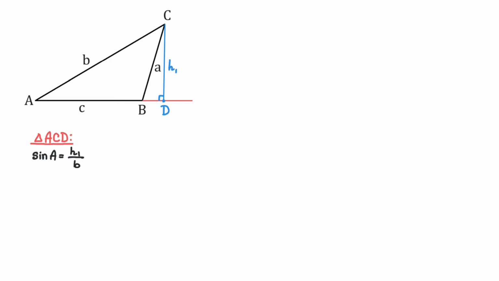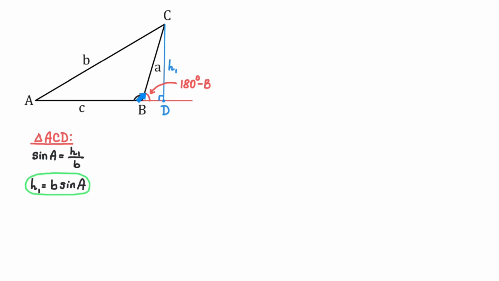Then if we solve this for h sub 1, we will have h sub 1 equals B sine of angle A. Now let's talk about the triangle BCD. If this is angle B, then this angle is 180 degrees minus B. And this is because these two angles are supplementary.